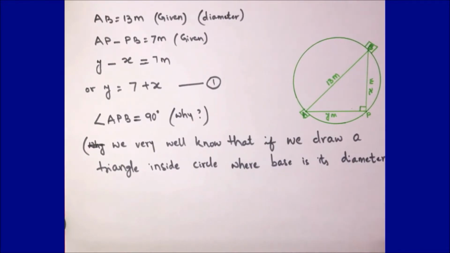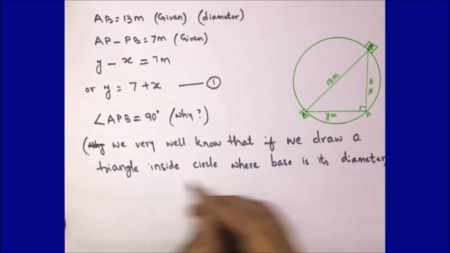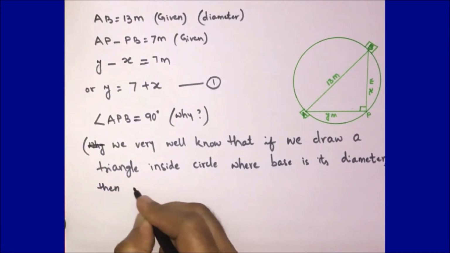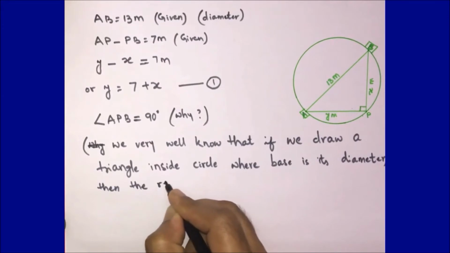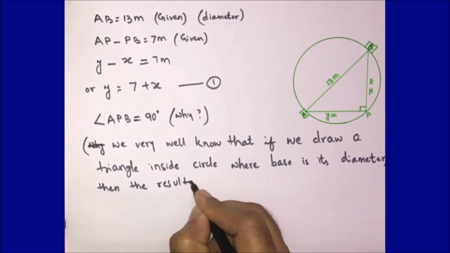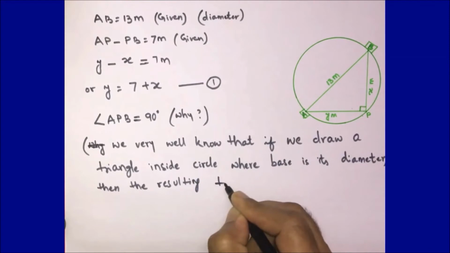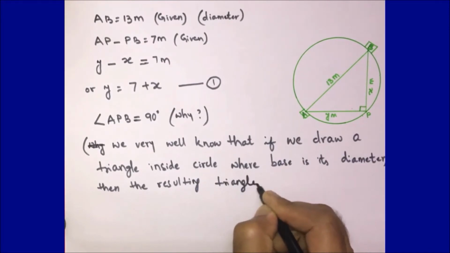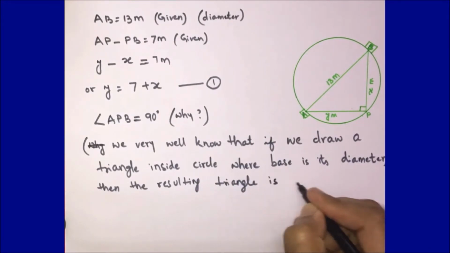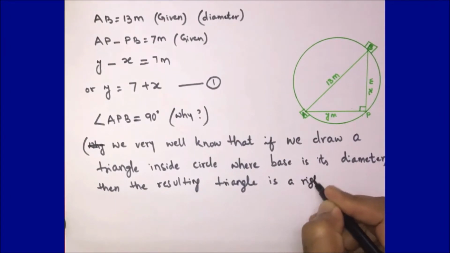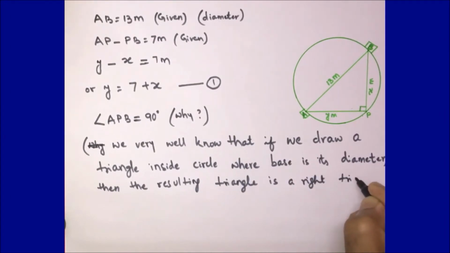Where the base is its diameter, then the resulting triangle is a right triangle. Guys, this is one of the most important and valuable points. If we draw a triangle inside a circle, keeping the base as its diameter, then the resulting triangle is a right triangle.